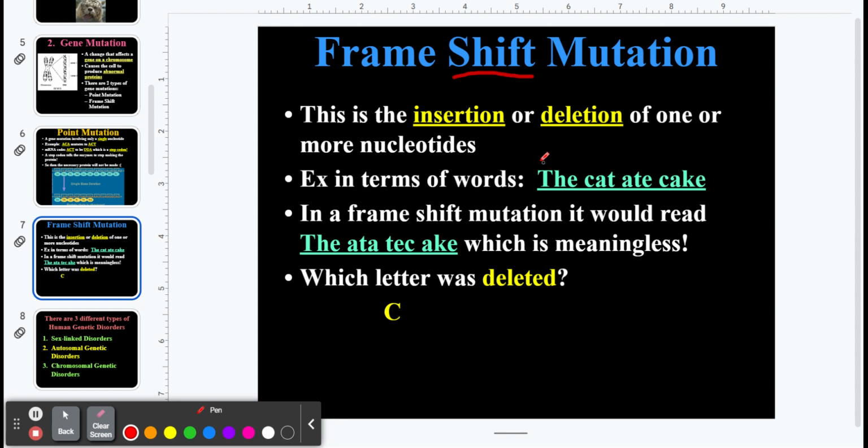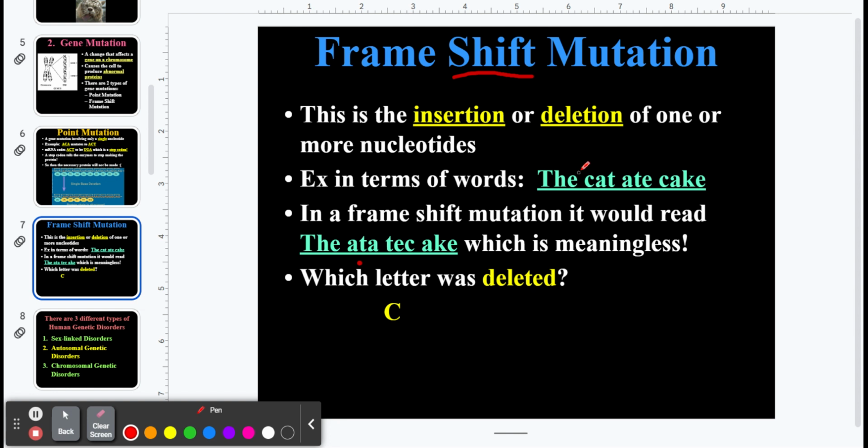So let's say we had this phrase, the cat ate cake. And in a frame shift mutation, something would change in here that would skew everything. So let's take a look at this new version. The, and then ATA, and then TEC, and then AKE.